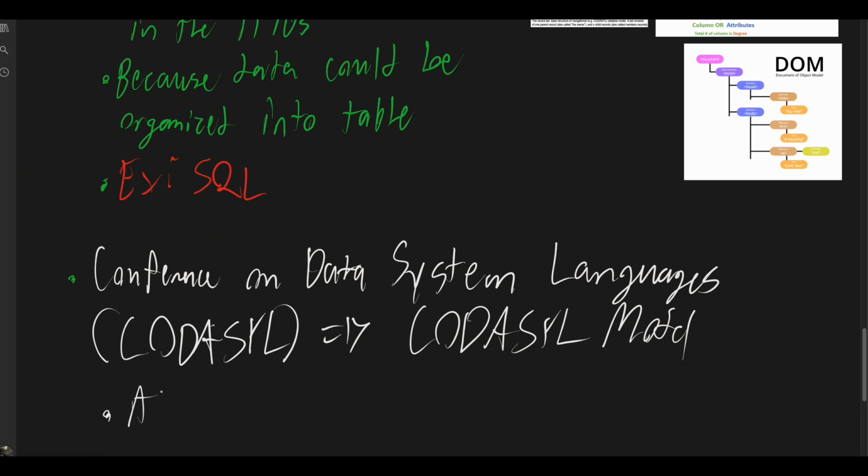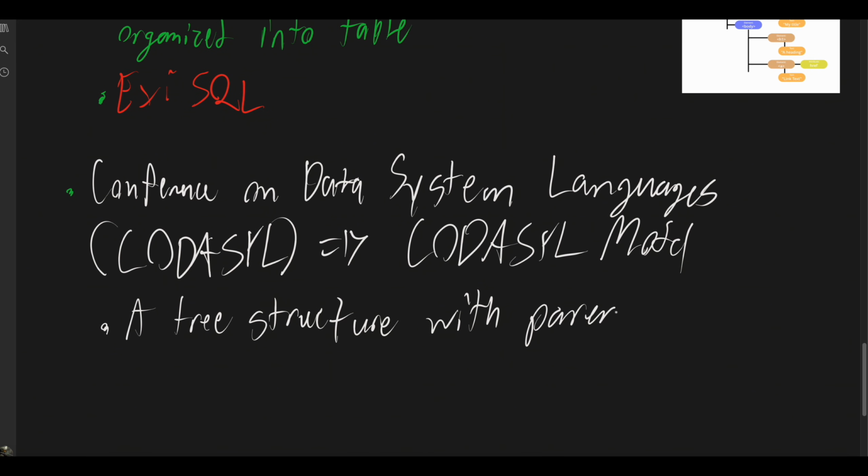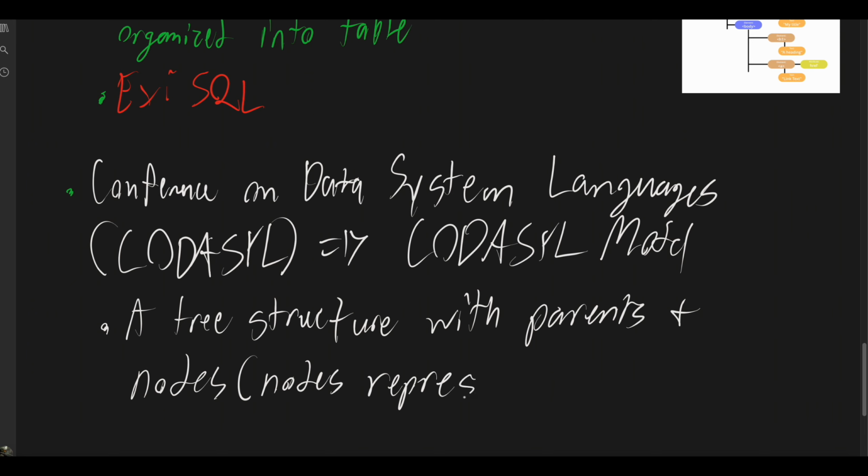It was considered a tree structure with parents and nodes, where the nodes represented records.